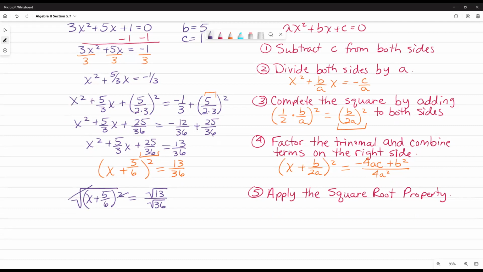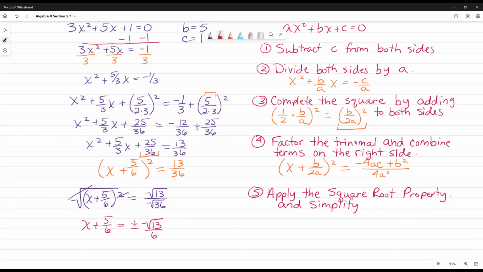And we get x plus 5 over 6 equals this plus or minus. I'm just going to go ahead and keep that together and simplify.